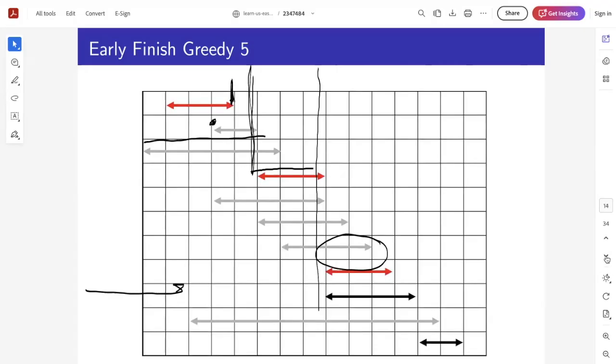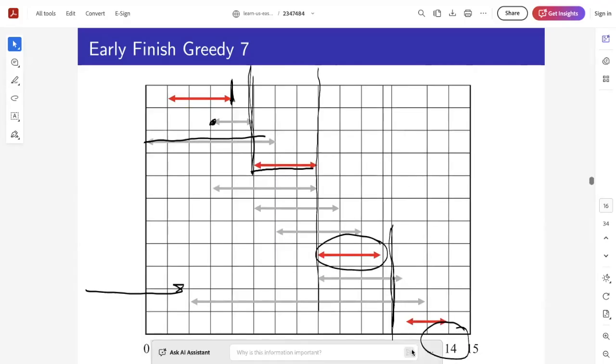And then once we have done that, we look at which activity has a start time that doesn't overlap with the finish time. In this case, it will be the last one. So this is a greedy algorithm, and we already showed that this is optimal.